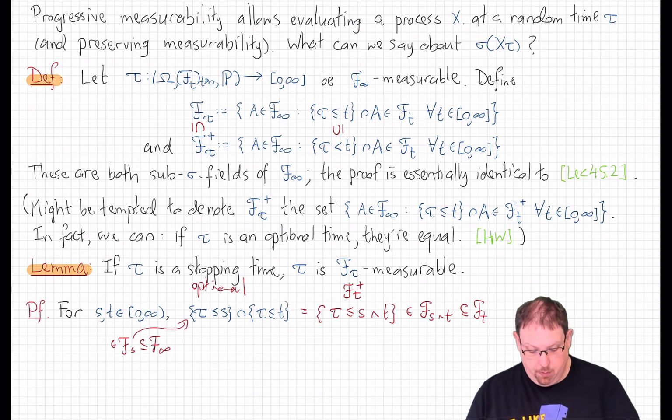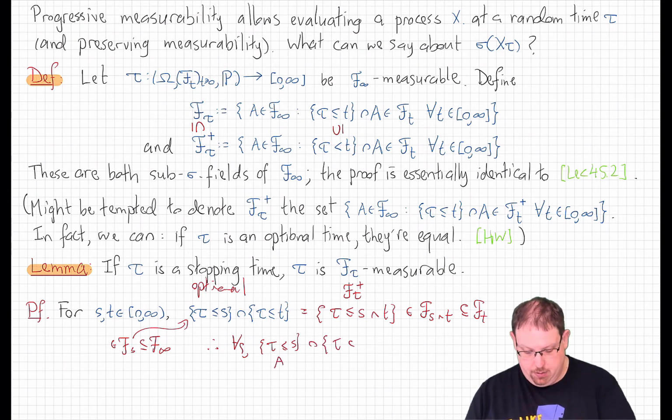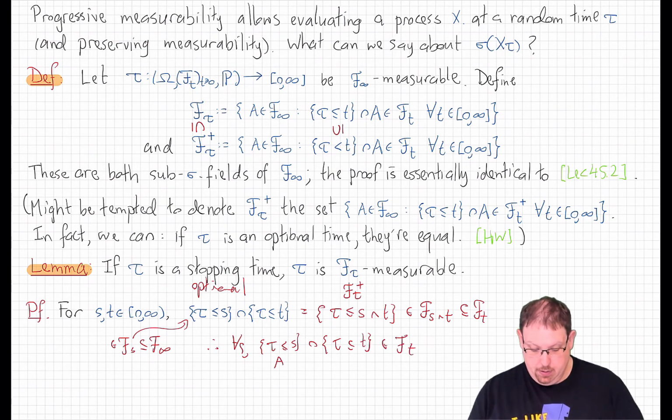And so therefore what we've shown is that for any such s, this F_infinity event, tau less than or equal to s, which I guess we should call A, matching the definition above, intersected with the event that tau is less than or equal to t, is in F_t. So that shows that that event A is indeed in F_tau. That is, what we've shown is that for all s, the event that tau is less than or equal to s is in F_tau.